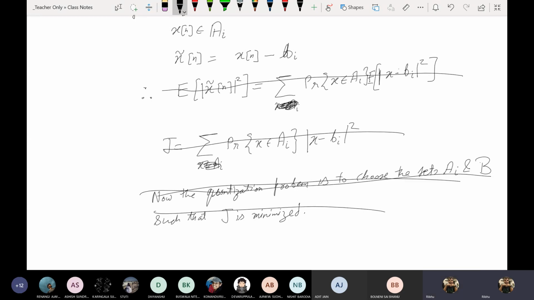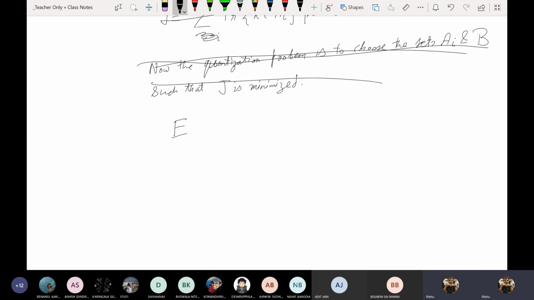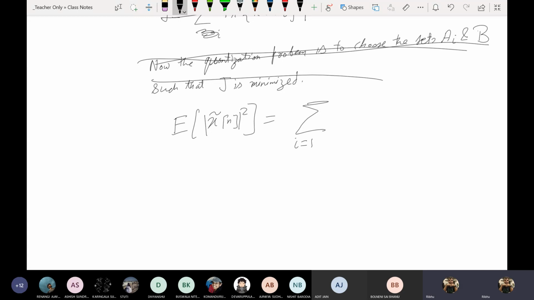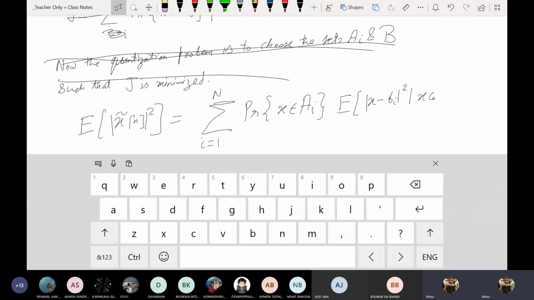Expectation of x tilde n whole square equals summation i equal to 1 to n probability of x in ai times expectation of x minus bi whole square given x in ai.